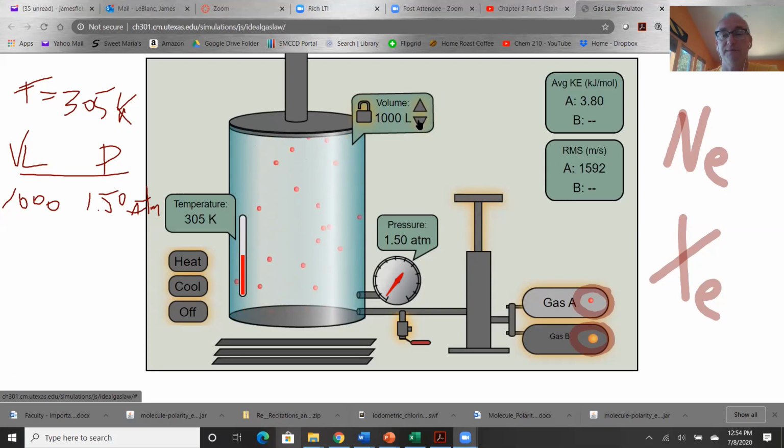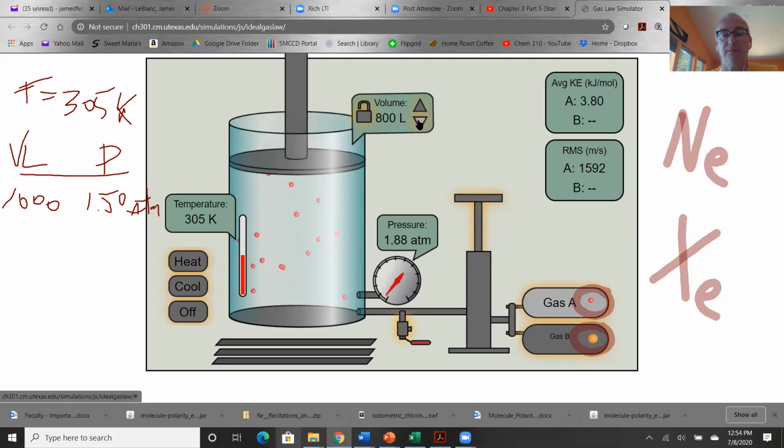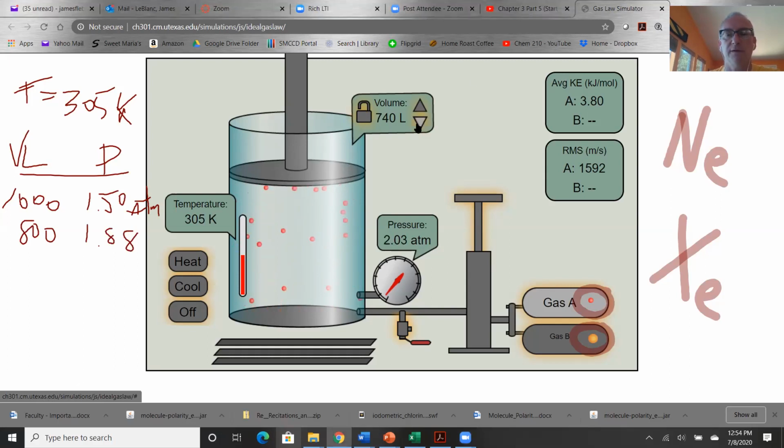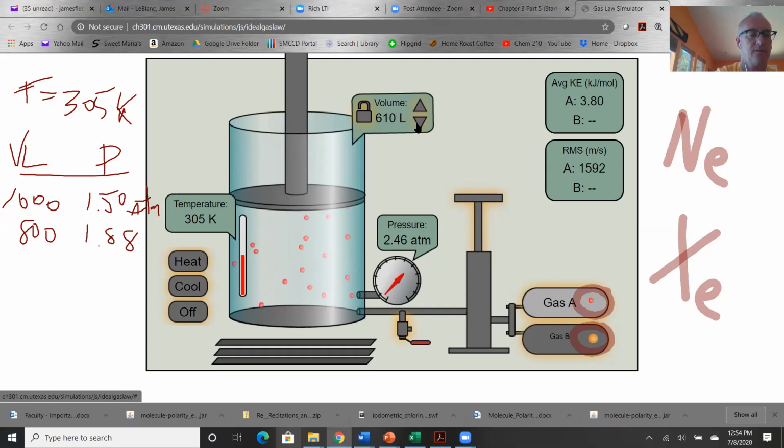So I'm going to reduce my volume to 800. So at 800 liters, my pressure is 1.88 atmospheres. Then I'm going to go down some more, to 610 liters.